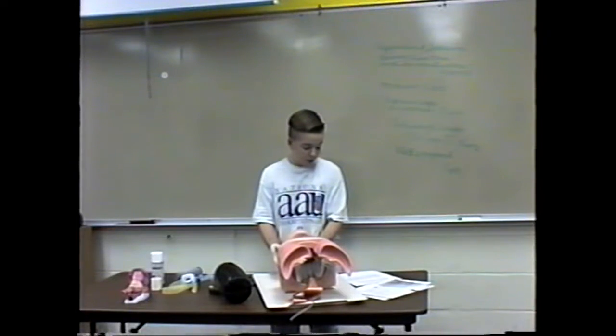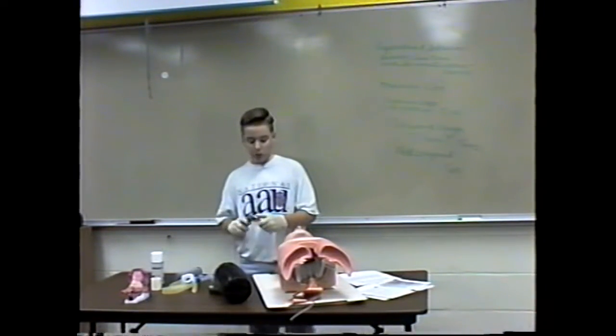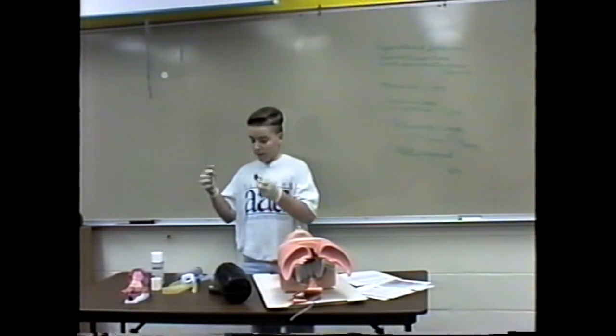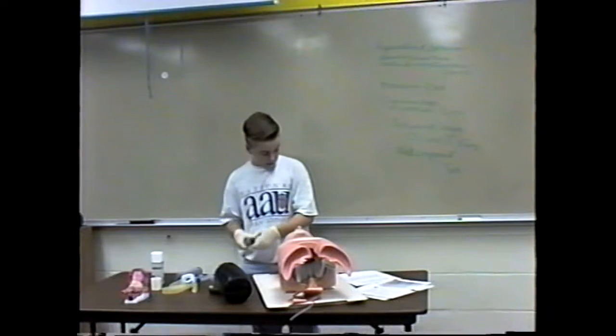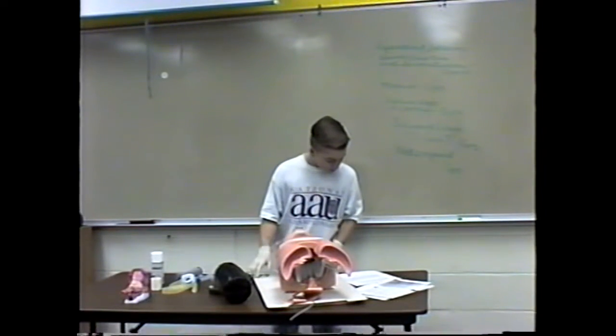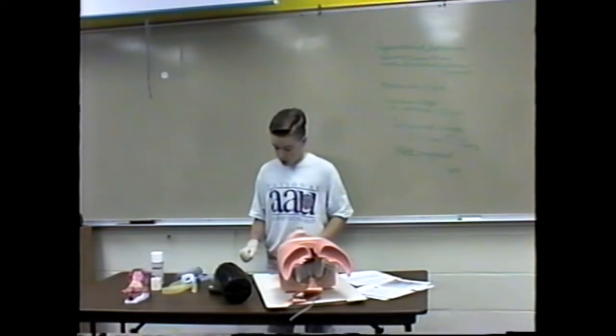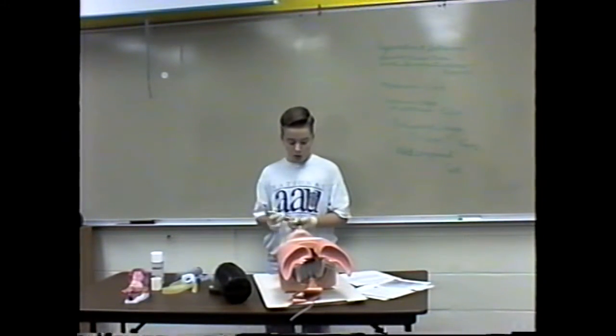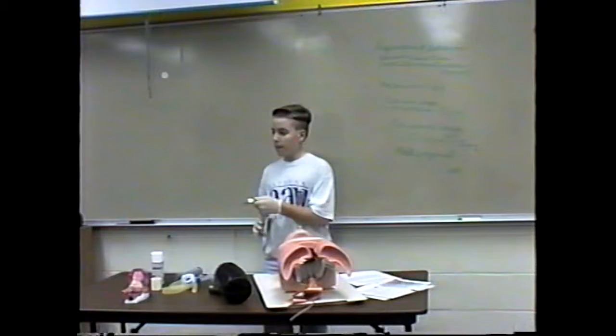Equipment used in the endotracheal intubation also includes a laryngoscope and the blade, which is used to help visualize the vocal cords. It also has a flashlight on it.